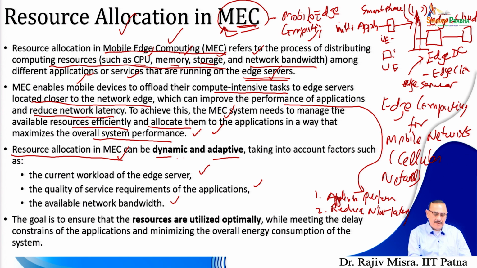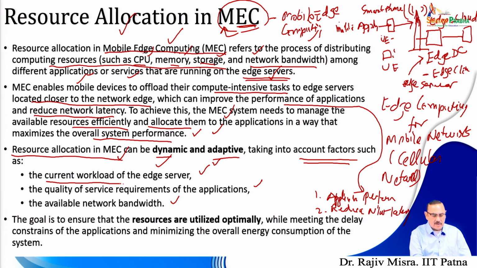Now, these can be either static, meaning it can be decided beforehand, or it can be dynamic, that is, it keeps on changing with different requirements, and this kind of resource allocation strategy is also dynamically computed. But in all the cases, these three different factors are very much needed, called features, to find out the resource allocation in MEC.